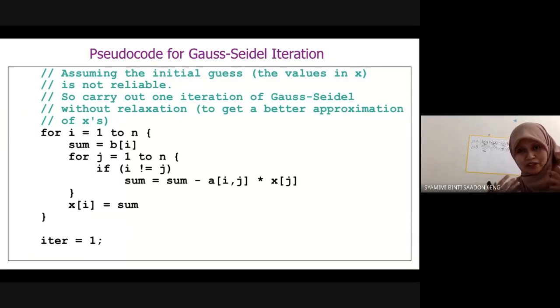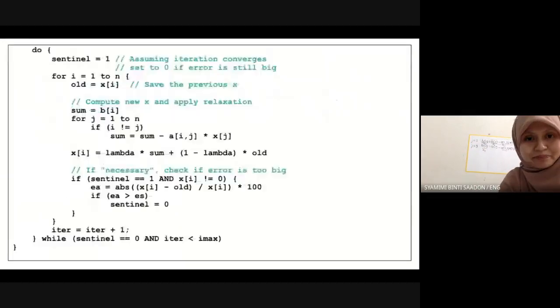Maybe there are other possible methods to code your Gauss-Seidel iteration. This is just an example, not the only solution, as long as you get the approximate solution.